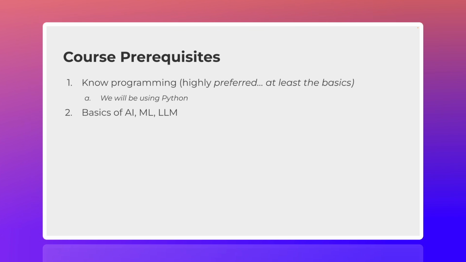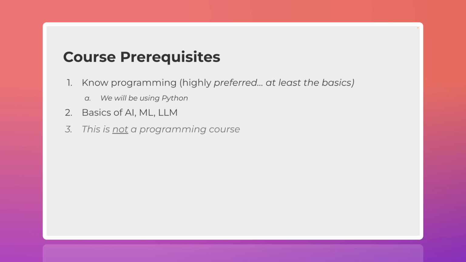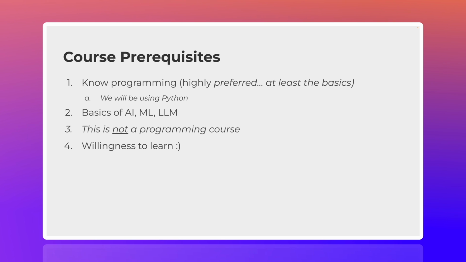You don't have to be an expert, but have some general understanding. Keep in mind also that this is not a programming course because I'm not going to be teaching you how to program. And most importantly, I always tell my learners that you have to be willing to learn. If there are things that you need to brush up on, just go and do that and come back to the course. But most likely you won't need to go anywhere but continue in this course and learn as much as you can.